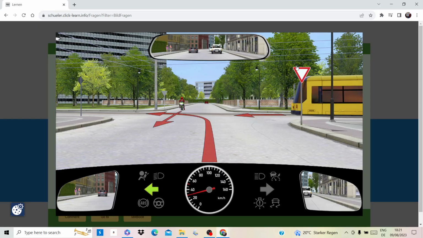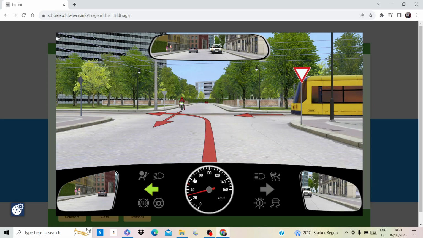However, we have this inverted triangle, and I always say that this inverted triangle is very, very important when you are driving. It tells you that your right of way is limited.